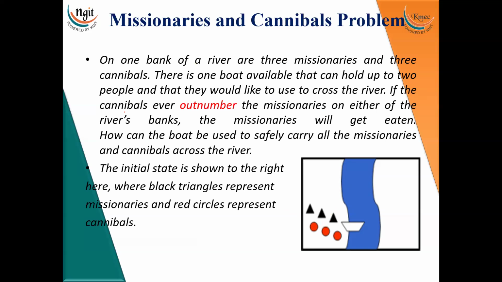So here the condition is that cannibals should never outnumber the missionaries. The initial state is shown here to the right, where the black triangles represent the missionaries and red circles represent the cannibals, and these cannibals should not outnumber the missionaries. This is one of the conditions.